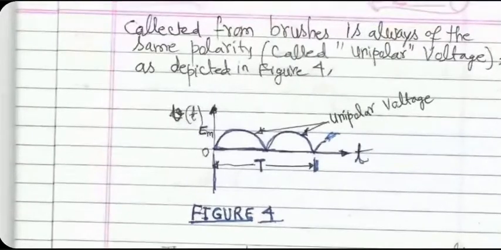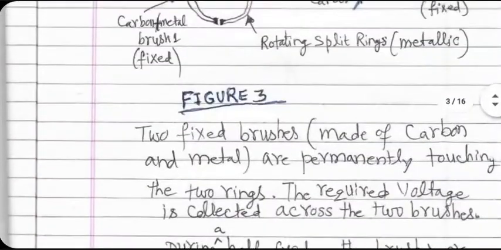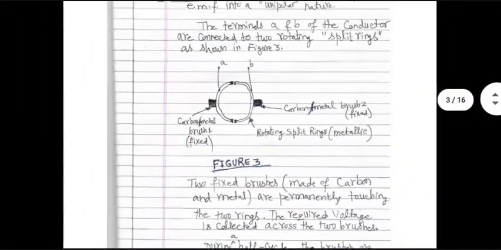The nature of that voltage will be of the kind shown in figure 4. Okay. It's not a DC yet, but the bottom half has been converted to a positive cycle by doing that innovative mechanical design called commutator.